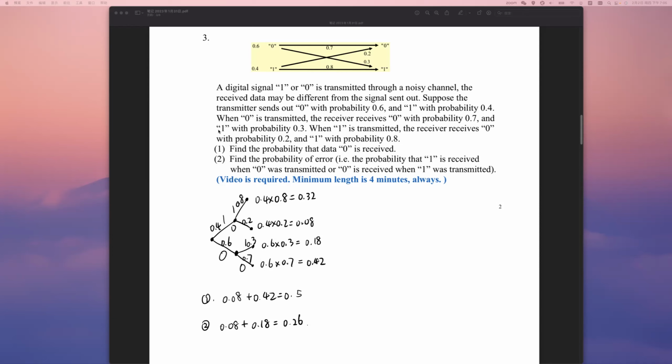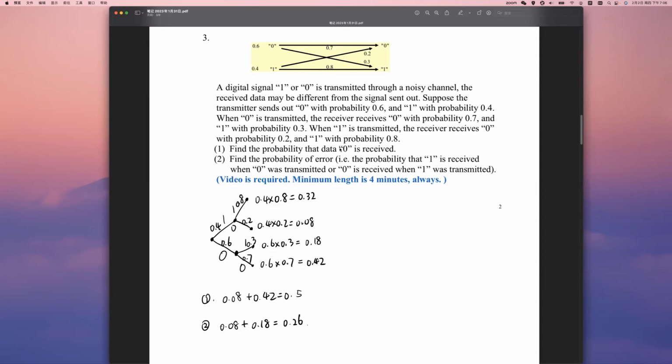And when 1 is transmitted, the receiver receives 0 with probability 0.2. So I draw here when 1 is transmitted, the probability of receiving 0 is 0.2 and probability of receiving 1 is 0.8. So in total, there are 4 cases.